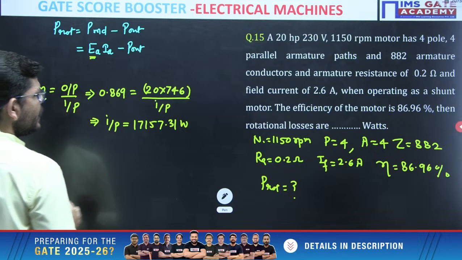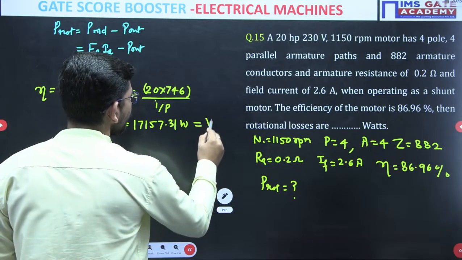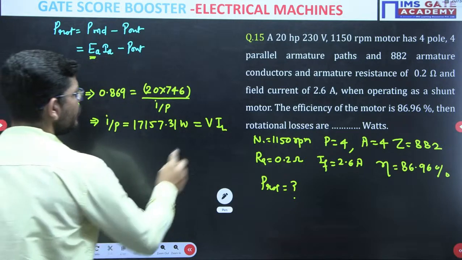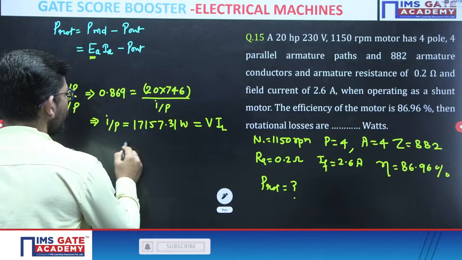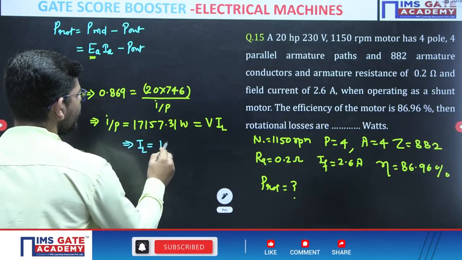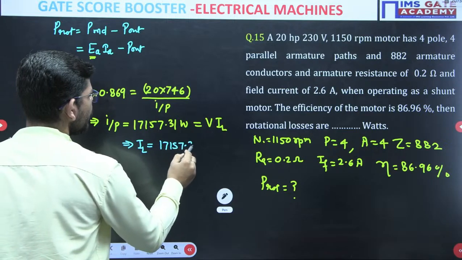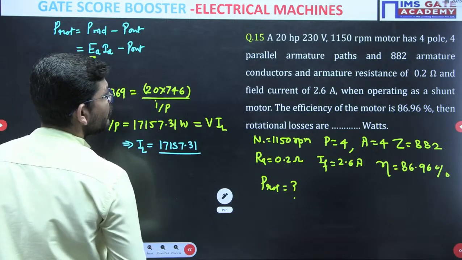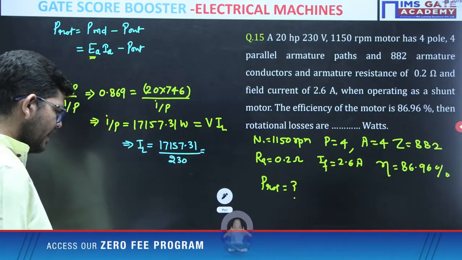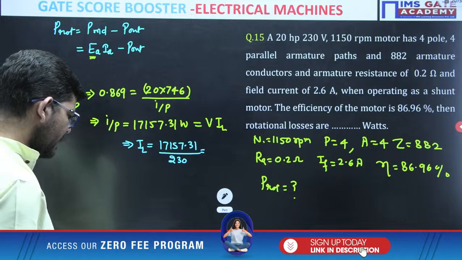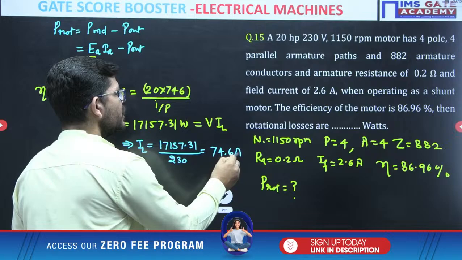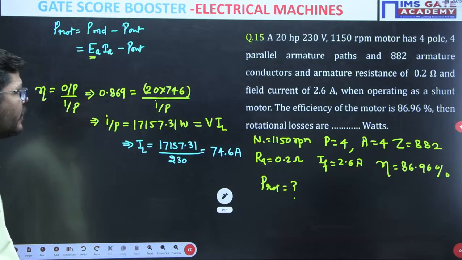Now after getting this input, equate it to V into IL, right? Input will be V into IL. So from here you will get the line current: 17,157.31 divided by V, and V is 230 volt. Then the line current is approximately 74.6 amperes, correct?